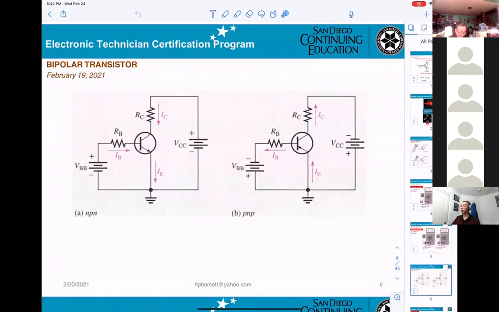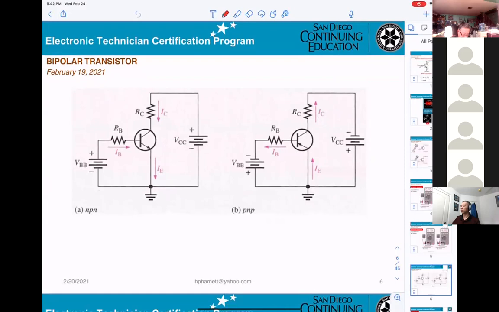You can see this is a circuit. I'm talking about NPN. So basically, at this point here, base, emitter, collector. You can see the current going into the base.